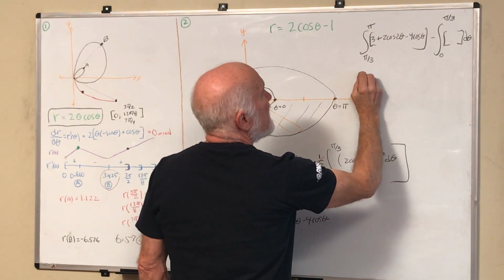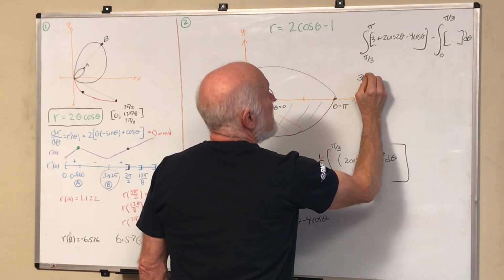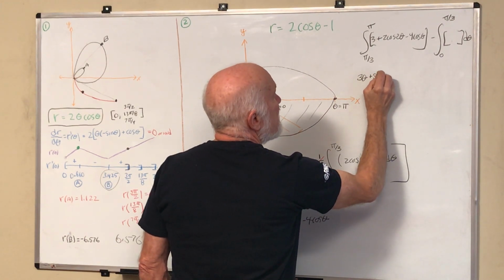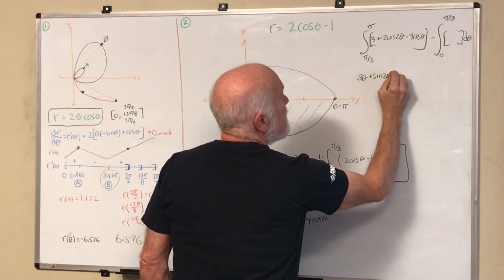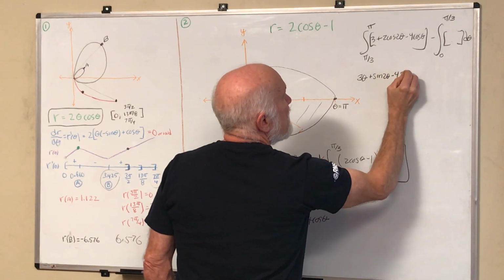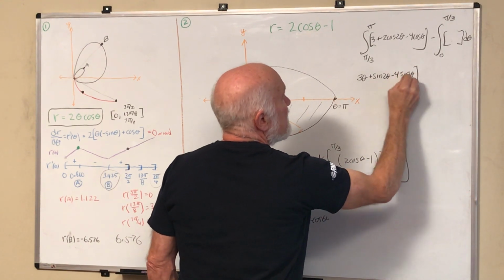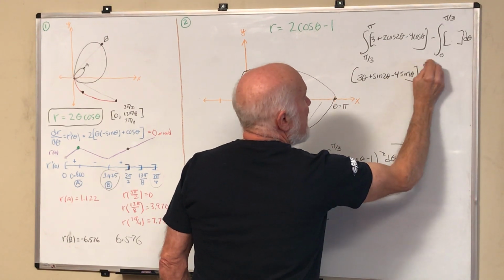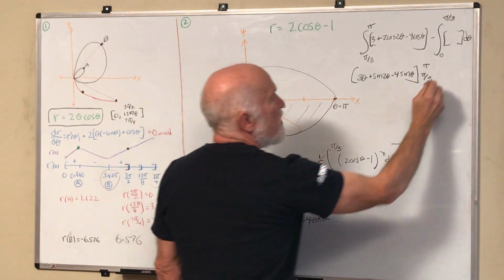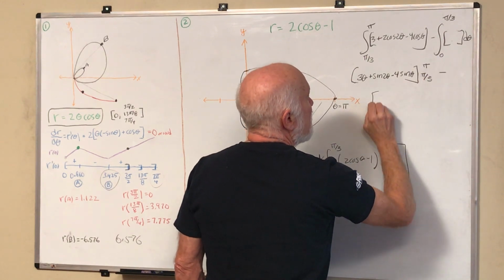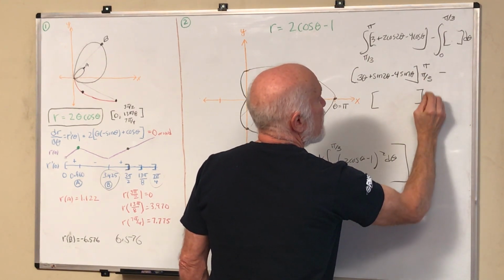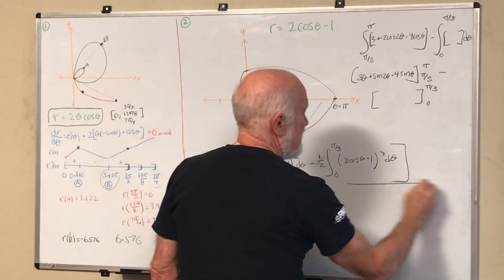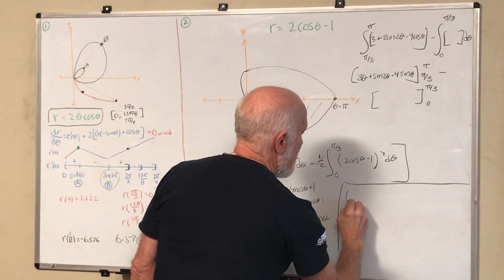So we get 3 theta plus the sine of 2 theta minus 4 sine of theta, from pi over 3 to pi, and then we're going to subtract the same thing from 0 to pi over 3. So I'll go down here.